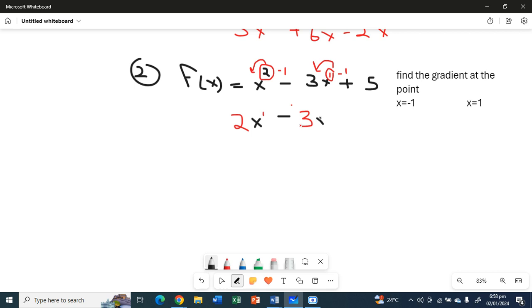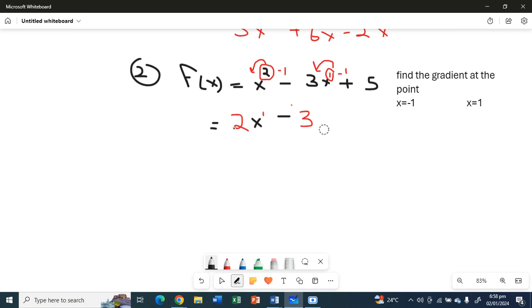And as I said, from the rules of indices, anything to the power 0 is the same as 1. So this x to the power 0 becomes 1, and 1 times 3 is 3. Then 5 hasn't got any variable attached to it, so it disappears.